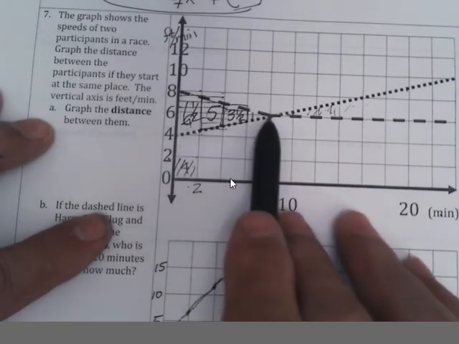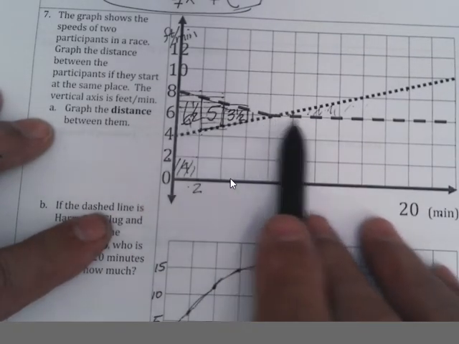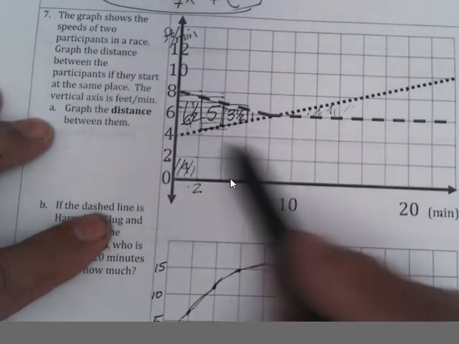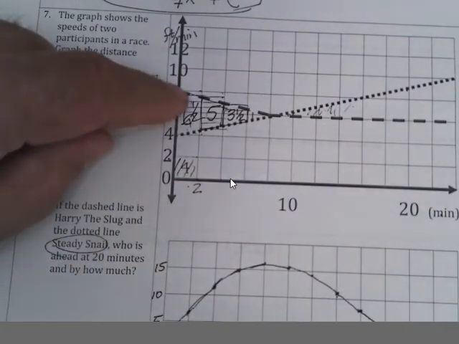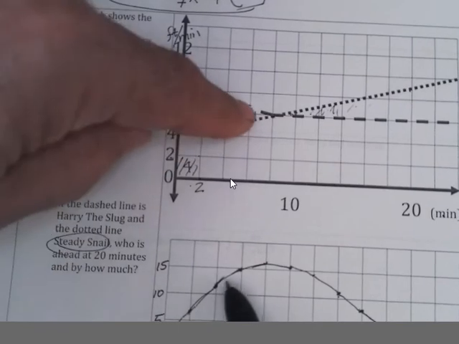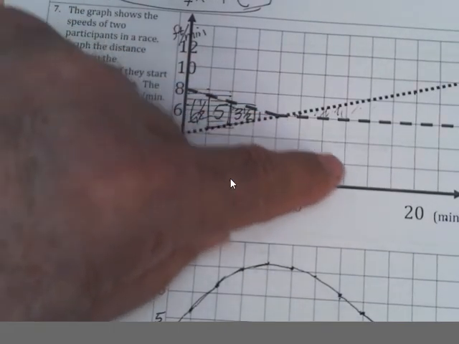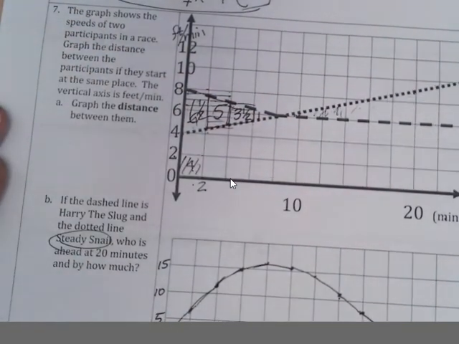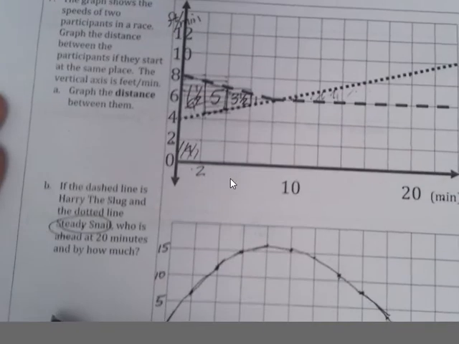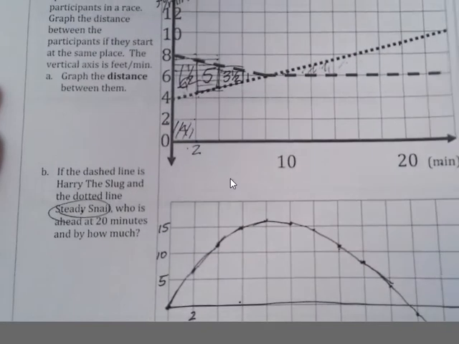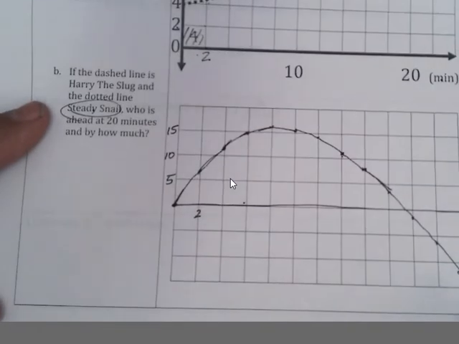He takes off fast, slows down, and then holds his speed, but Steady Snail constantly picks up speed. So the slug is ahead, but then falls behind in the end. So Steady Snail wins. Oops. And that's not off the screen there.